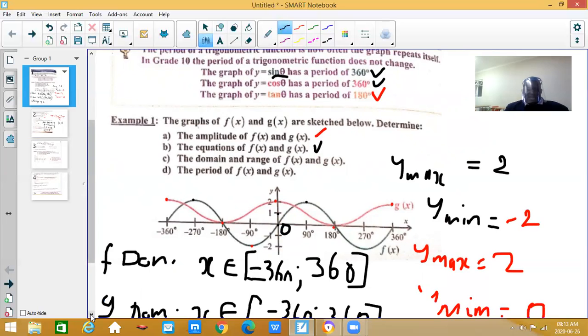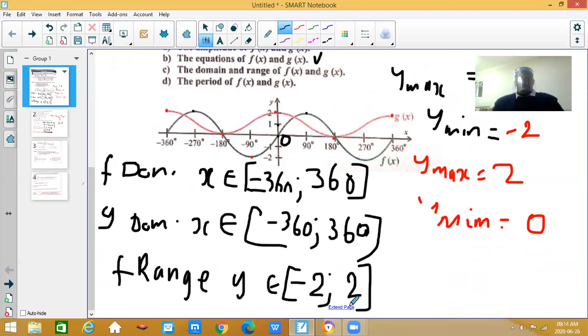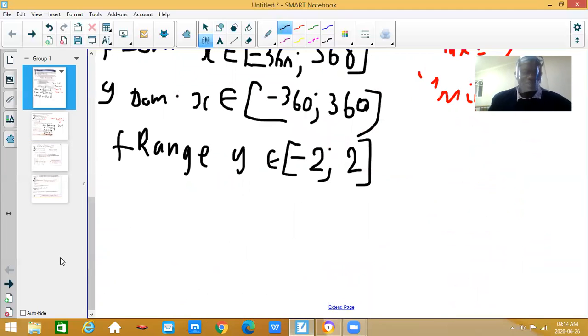So meaning to say here, our range starts from the minimum, minus 2, to 2. So this one is oscillating between minus 2 and 2.